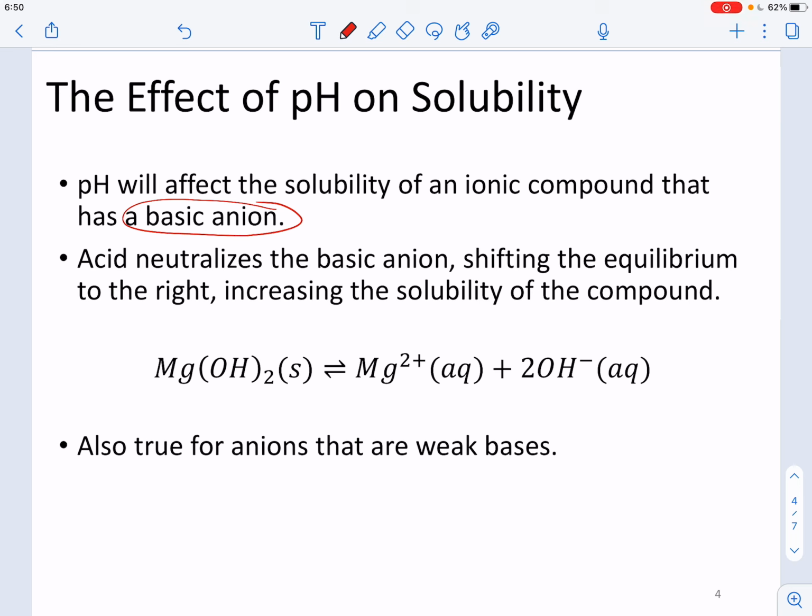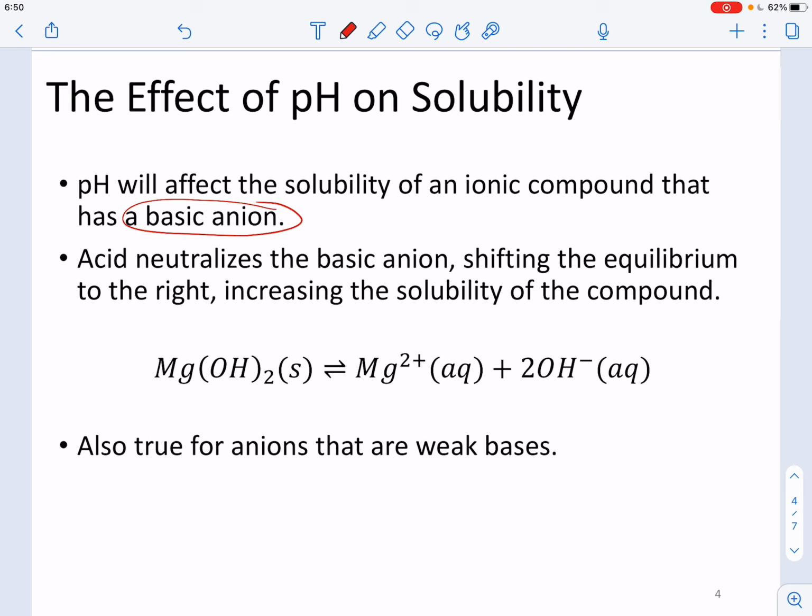I mean, you will obtain a basic pH, right? So what does pH do? Well, you control the pH by adding acid or base. Therefore, if you are adding acid and you have a basic anion, then naturally that basic anion is going to react with the acid that you are adding. Okay, so that's going to be a neutralization reaction.